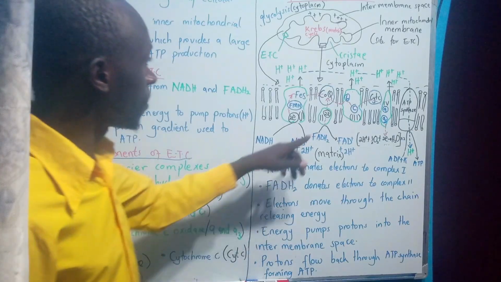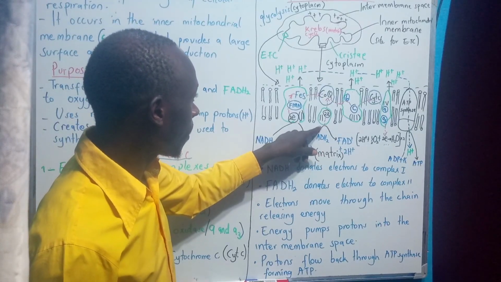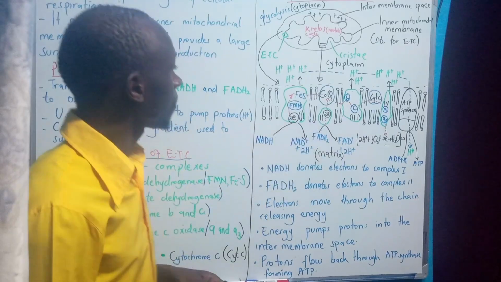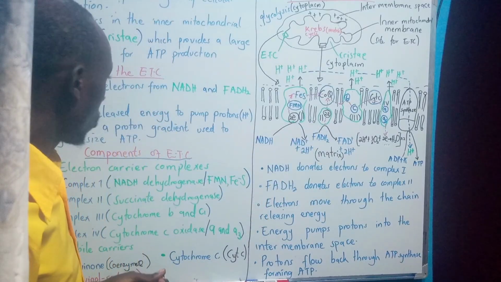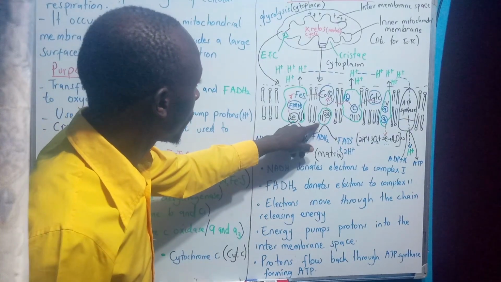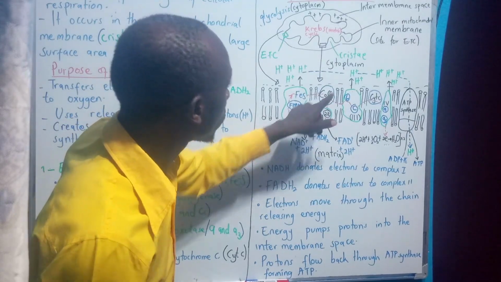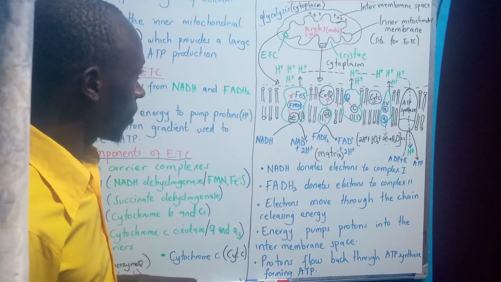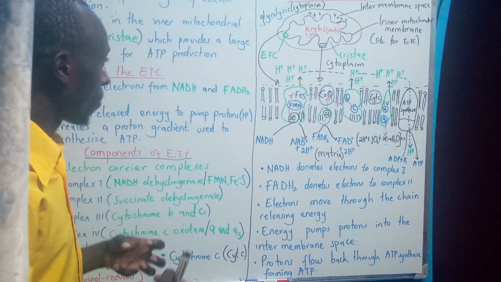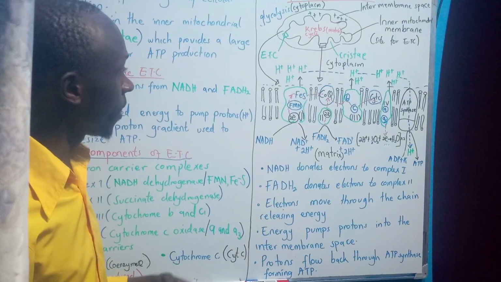Why? It joins the electron transport system later on by donating electrons to complex 2. After donating these electrons to complex number 2, these electrons are going to be transferred to ubiquinone, and then ubiquinone is going to become more reduced. So ubiquinone is going to be highly electronegative.